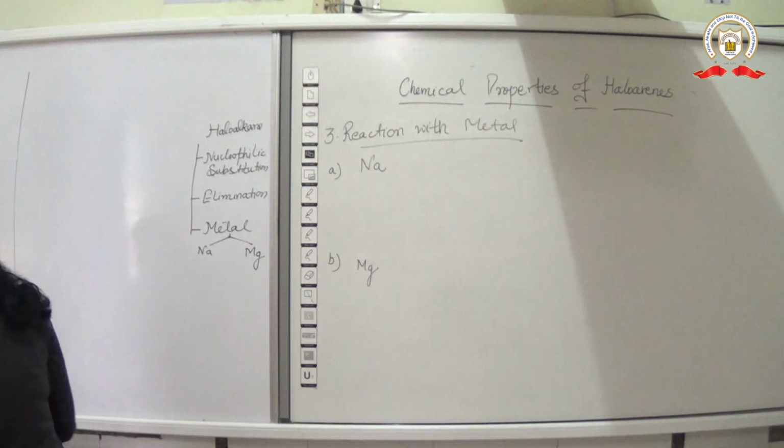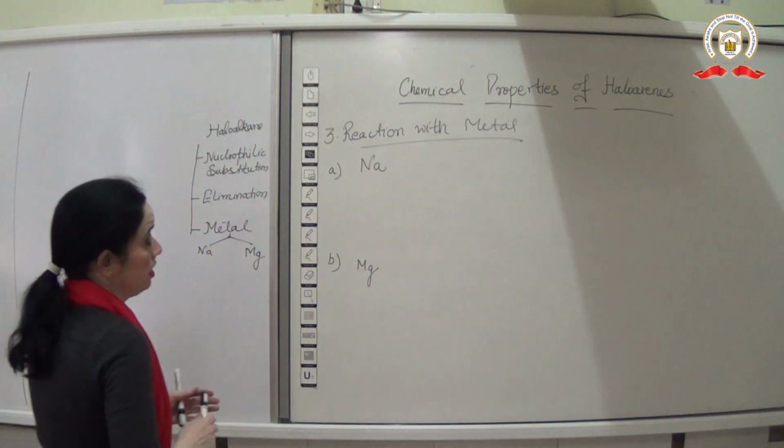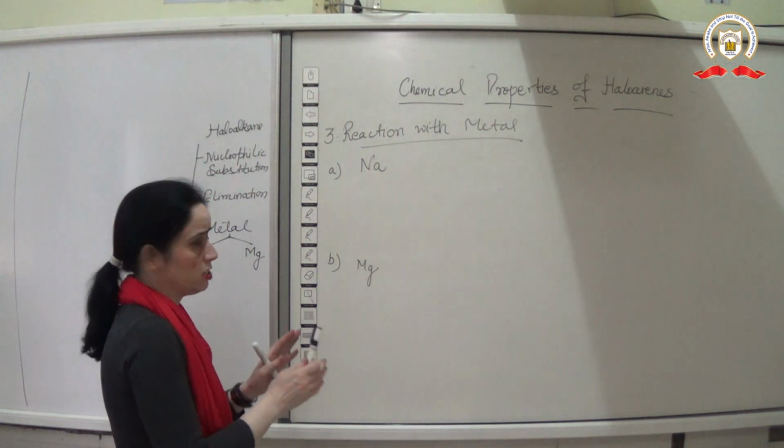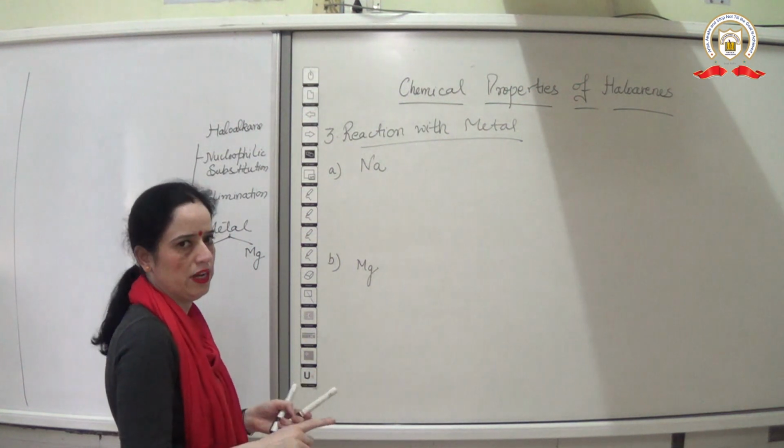So we are going to do some questions also regarding it. In the case of sodium here, we are not going to give it the name Wurtz. Wurtz is applicable only to the haloalkane part.